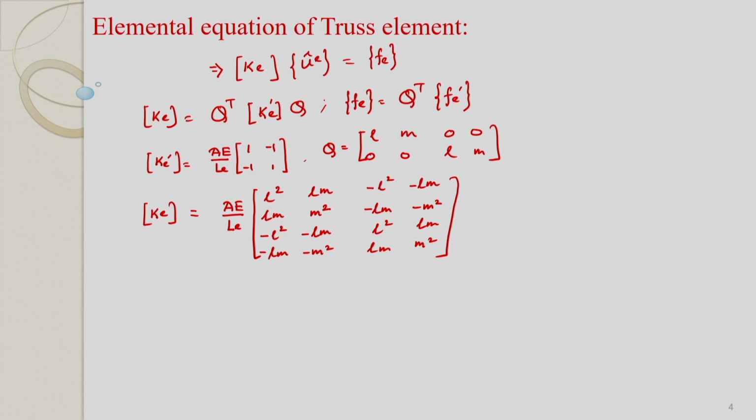If you see, this K prime is 2 cross 2, this Q is 2 cross 4 and Q transpose is 4 cross 2. So, this multiplication will result in this 4 cross 4 matrix.